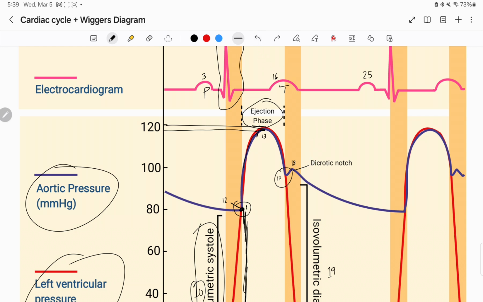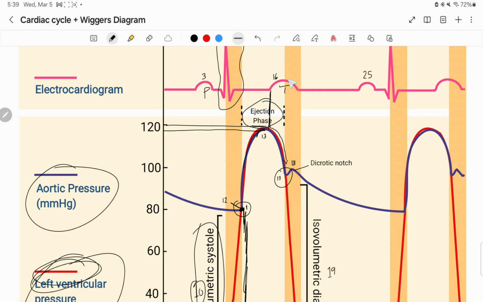But that's not the point that I want you to understand. What I want you to understand is that at this point where the wave of repolarization starts, you can see that we start decreasing the pressure in the left ventricle. Why is that so? Well, remember, we had to contract to generate pressure to get here, and that was because of the QRS, the depolarization wave.